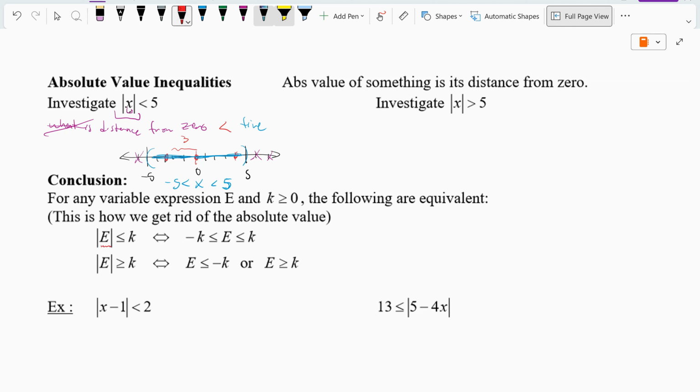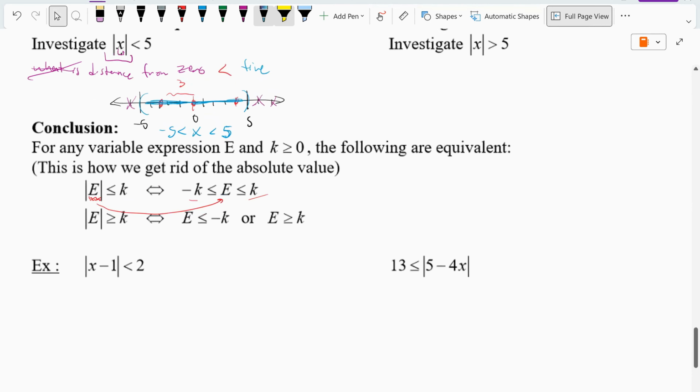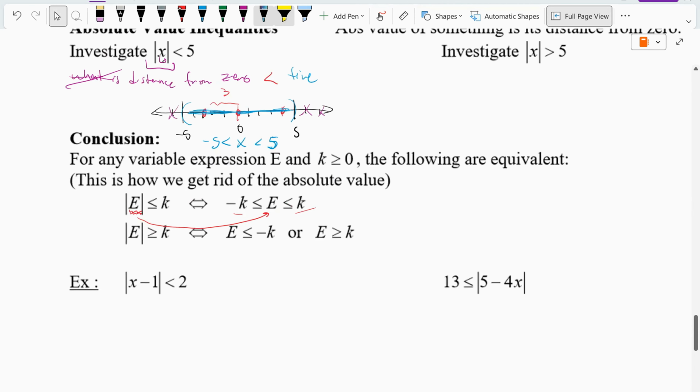So what if the entire expression, E, is less than or equal to k? It's between -k and +k, that entire expression. Okay, which of these first two falls under that scenario? The first one or the second one?